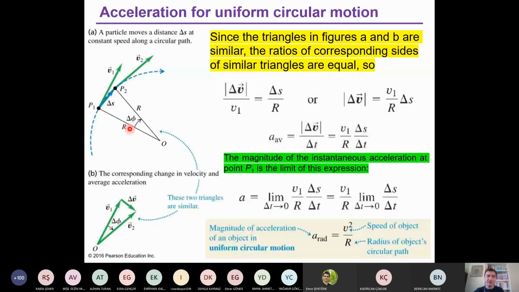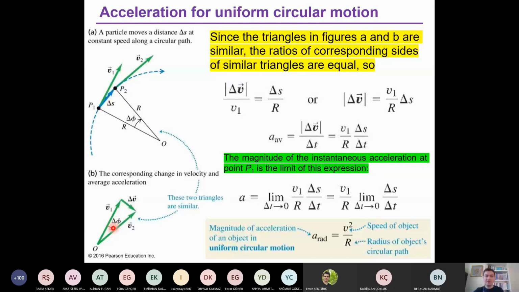And from the geometry rules, this angle is also equal to the angle here in between, right? So here we have delta phi, and this is V1, this is V2, and here I have delta V, okay? The change in the velocity.